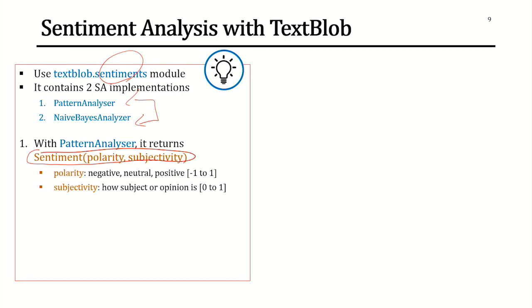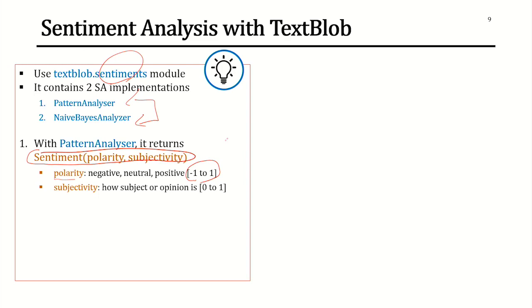parameters. The first one is called polarity, and the second one is subjectivity. So the range of the number returned for each of these parameters: for example, the polarity is normally a number from -1 to 1. -1 means it is negative. If it is 0, that means it is expressing a neutral idea.